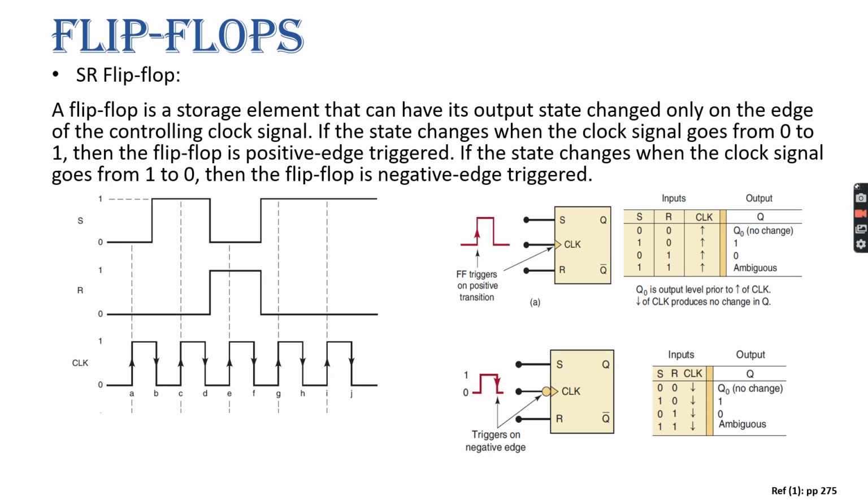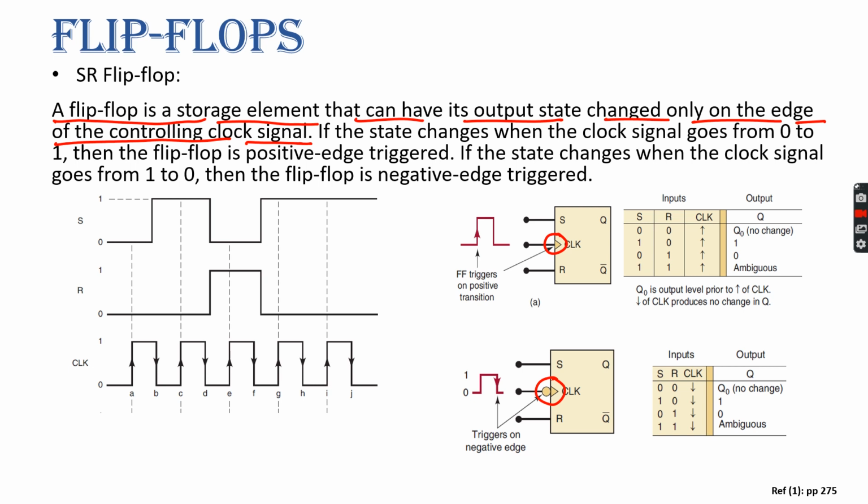But the flip-flop is also an energy storage element that can have its output state changed only on the edge of a control signal, the clock signal. So for the flip-flop, you have to put another signal which is known as the clock signal.